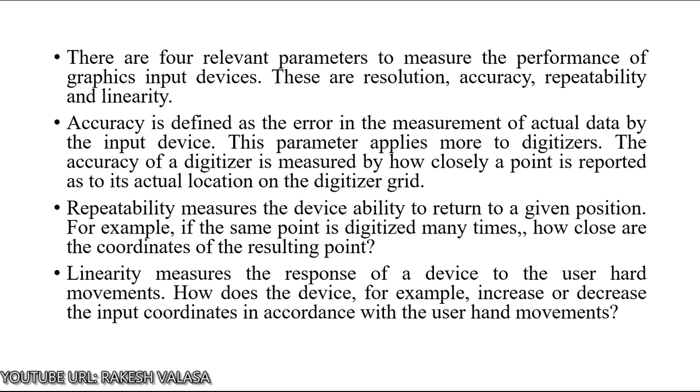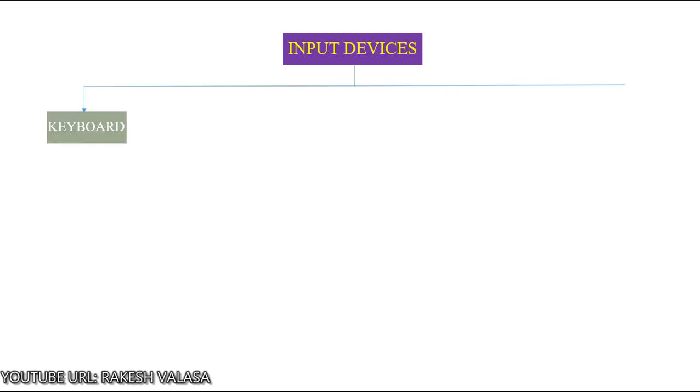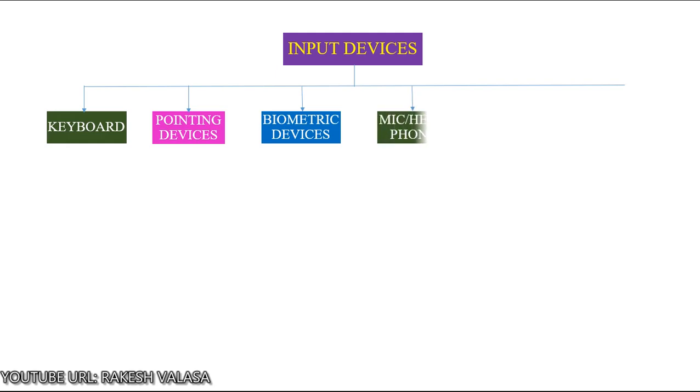Let us see the various input devices. This tree diagram shows the different types of input devices. First one is keyboard, second pointing devices, biometric devices, mic or headphone devices, digital camera devices.